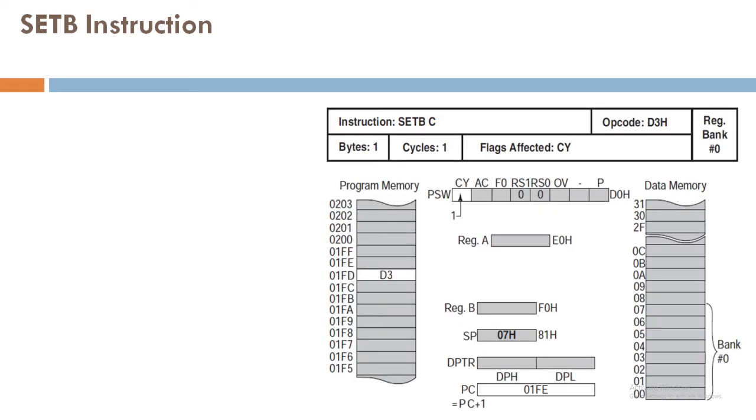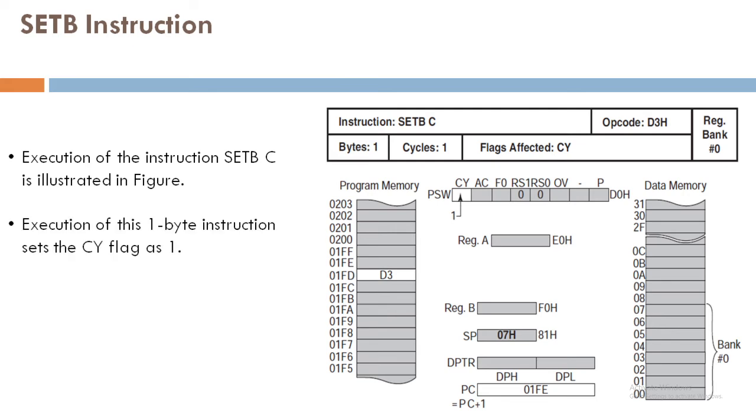Now let's have a look at the instruction. In this case, we can see the operational code of SETB C is given as D3, and it is again written across the program memory location 01FD, and when it is executed by the microcontroller, the PSW section reserved for the carry will now become 1, irrespective of the previous information that was there in CY.